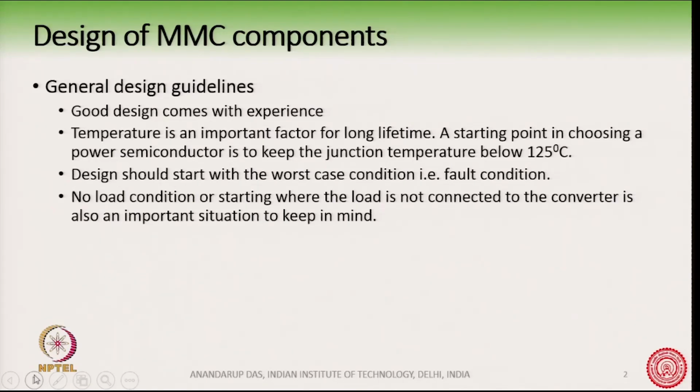Then another very important factor to be taken care of is the fault condition. In fact, I think this is the point from which the design should start. You see the worst condition to which this converter is subjected, and then you start the design from there.